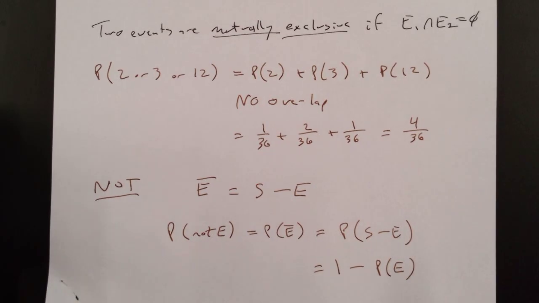If there's a 4 in 36 chance I roll a 2, 3, or a 12, then there's a 32 in 36 chance I roll one of the other numbers. Because those are all the outcomes that could happen. It is sometimes easier to count complements.